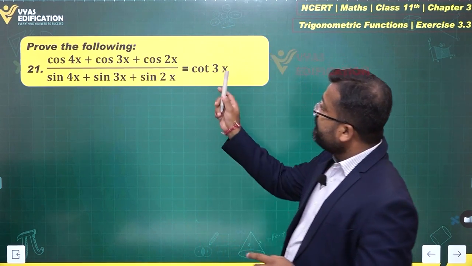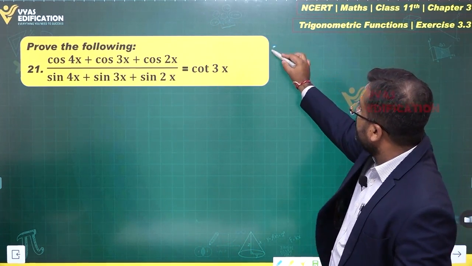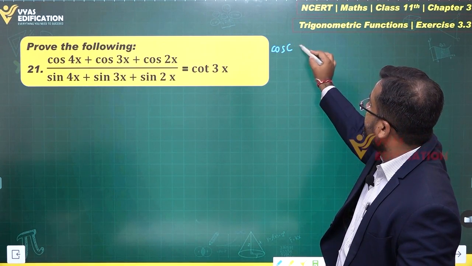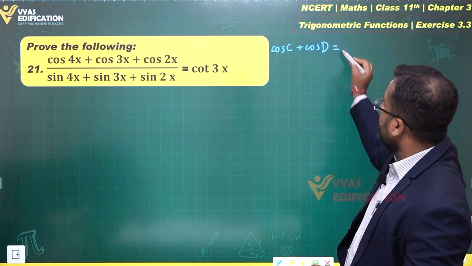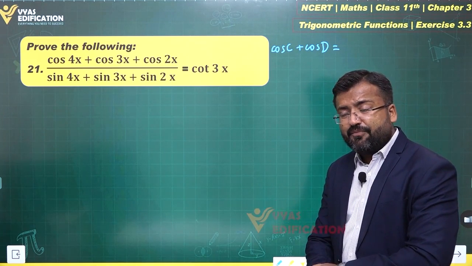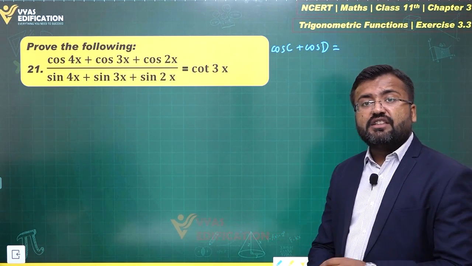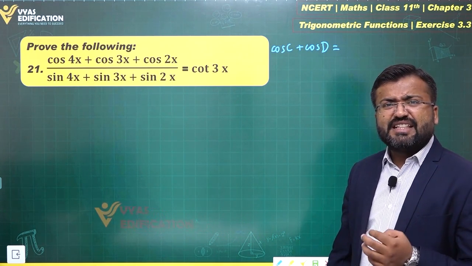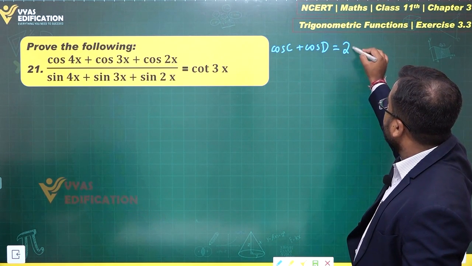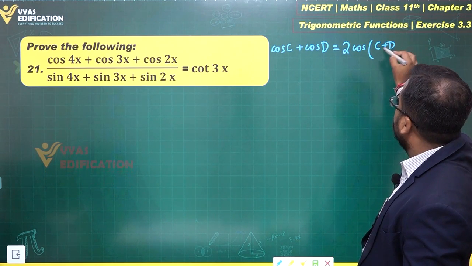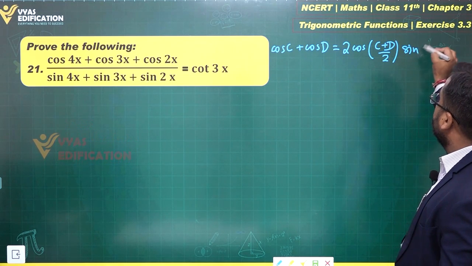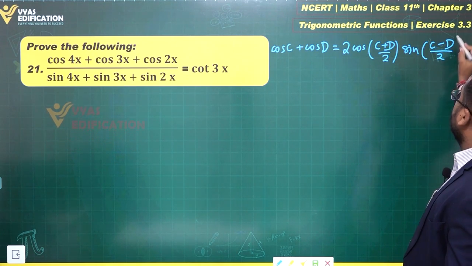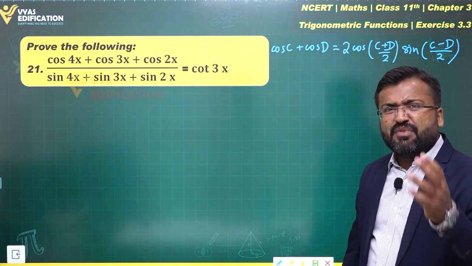So I have cos c plus cos d in the numerator. What is cos c plus cos d equal to? I'll combine any two angles. What about sin c plus sin d?